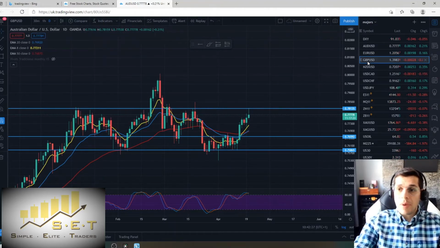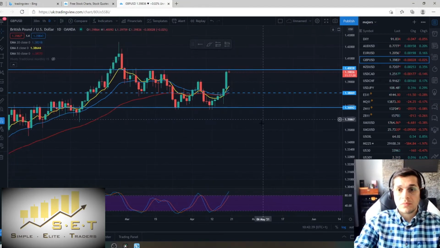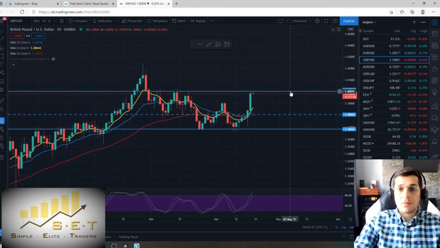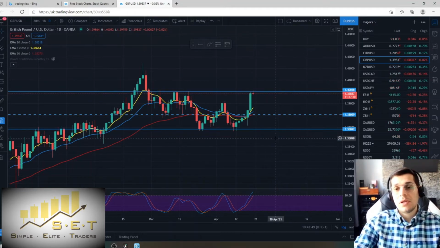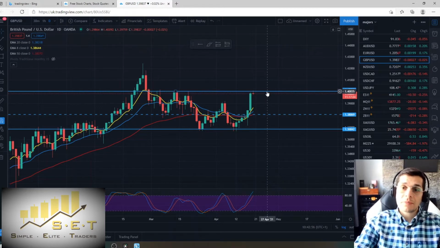Also, Pound is at a resistance level around 140, but Pound maybe can break through this level, because seasonality for Pound in April is very strong. So we're expecting to be a buyer of Pound just if it breaks through this level.